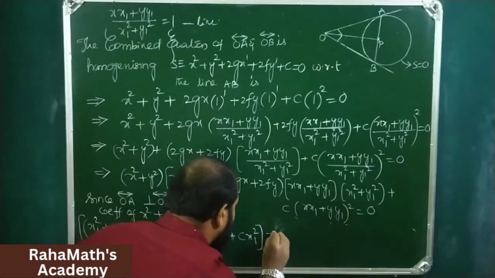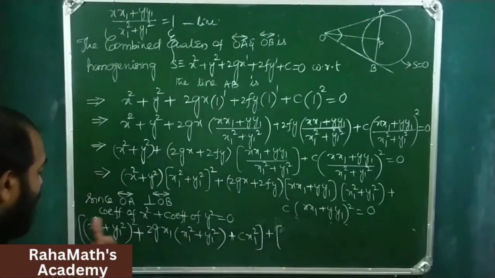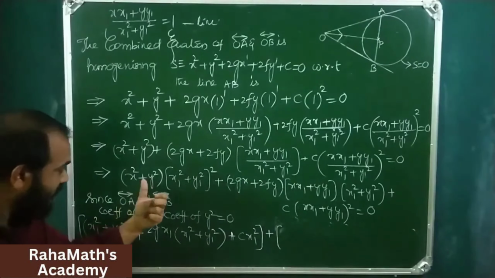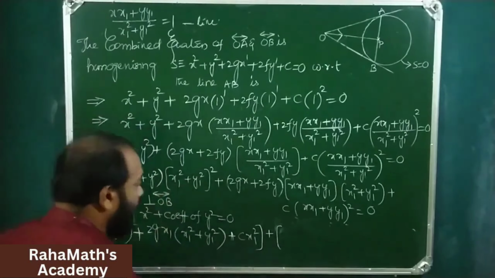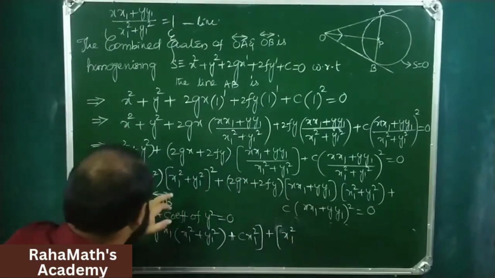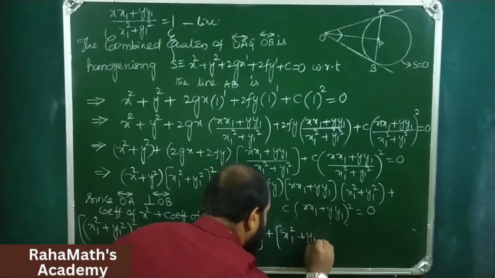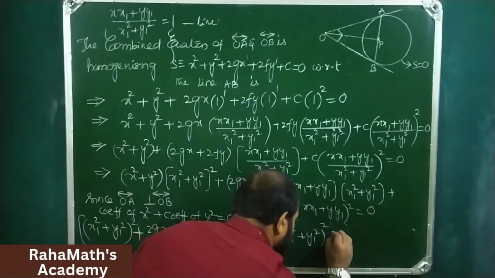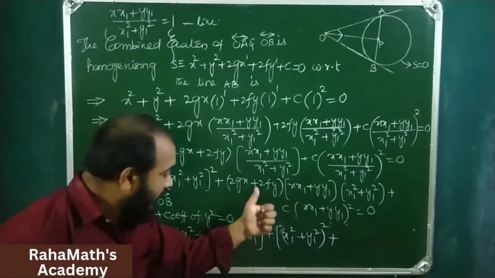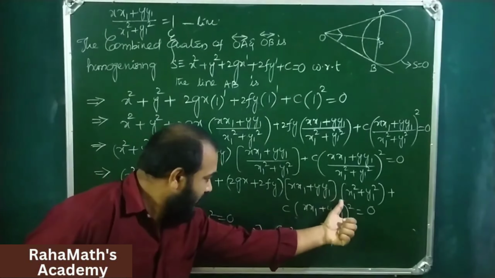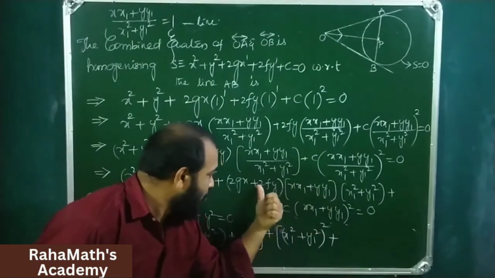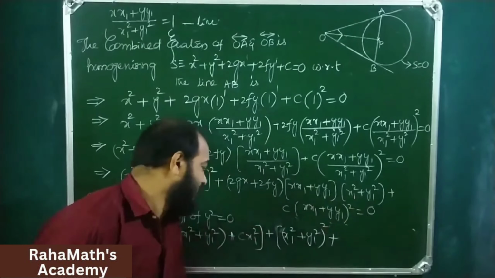Similarly, what is the quotient of y square? Simply from this we can do y square into this. So the y square quotient is x1 square plus y1 square whole square plus here 2fy into y1. If you multiply y into y square, 2f y1 into this.